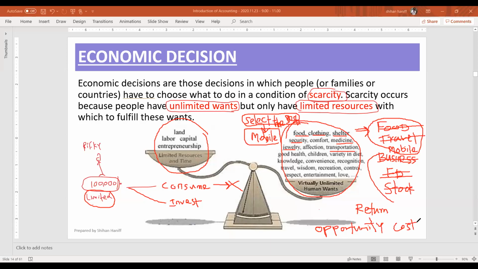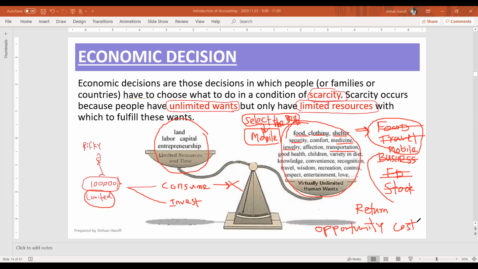Let me explain again. When Rifki has 100,000 rupees, it is limited, so we call it a limited resource. But he has unlimited wants. He has different options to do, but he can't do everything. Then he selects the best option that is suitable for him, and he sacrifices everything else.